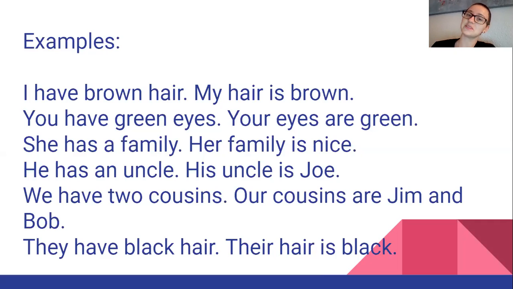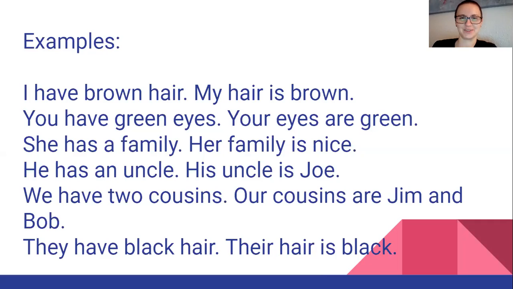So when you use possessive adjectives, always make sure the other person understands who you're talking about, so that when you say his hair is brown, you and I both have the same picture, Ludo over here. Yeah, he's asleep now. So always make sure, because if you just say his uncle is Joe, I say, wait, whose uncle?